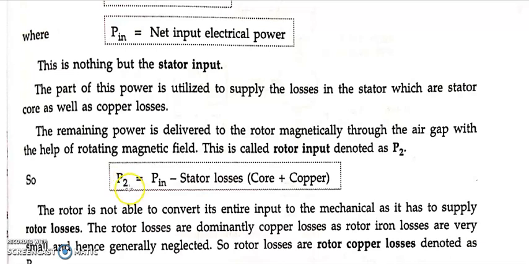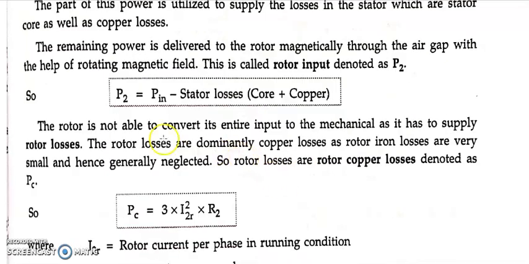P2 is equal to P input minus stator losses. The stator losses are the core loss, which you can also write as iron loss, and the copper loss. After subtracting the copper loss and the iron loss from the power input, the remaining power is given to the rotor, and that power is called P2.